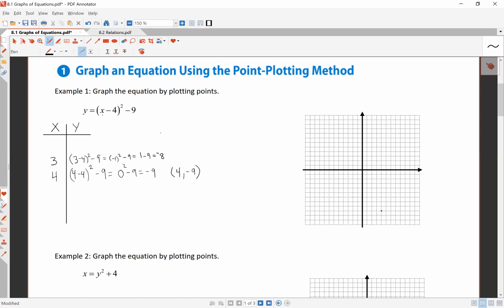Plugging in 2, 2 minus 4 is negative 2 squared minus 9, and that's negative 5. Plugging in 1, 1 minus 4 is negative 3, squared is 9, minus 9, which is 0.